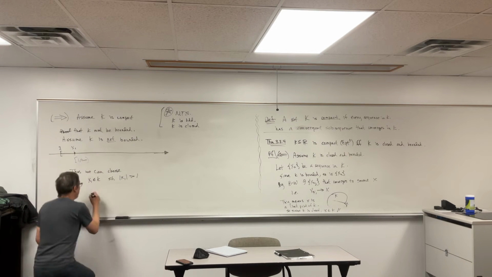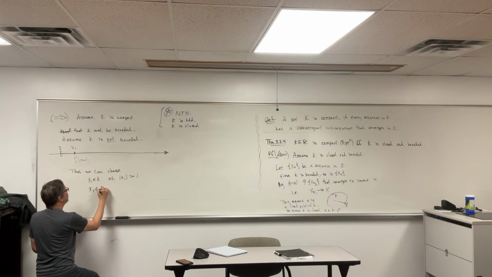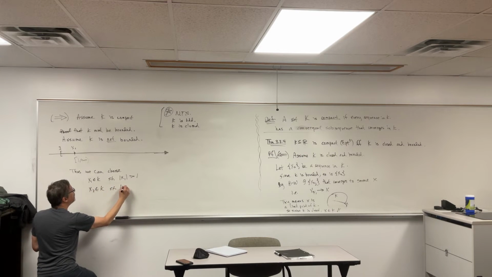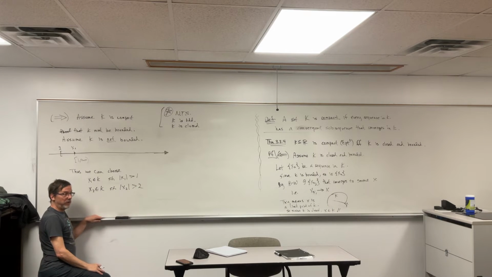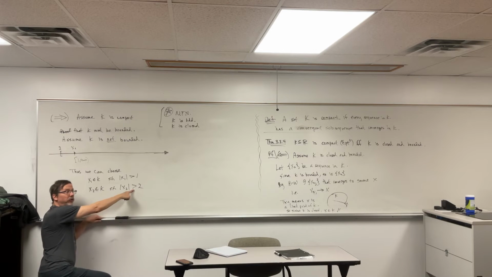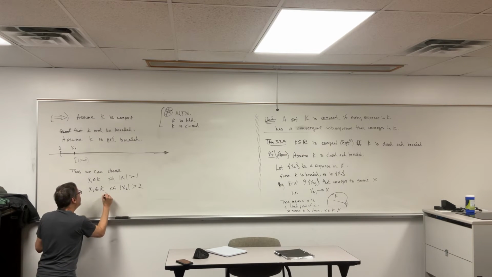I can similarly pick an x sub 2 in K whose magnitude is bigger than 2, by the same reason you just gave, Ashley, right? So if I couldn't do this, 2 would be an upper bound on the magnitudes. And it's not, because that would mean it was bounded. So we can continue on with this.